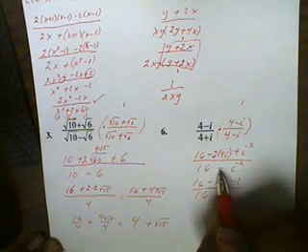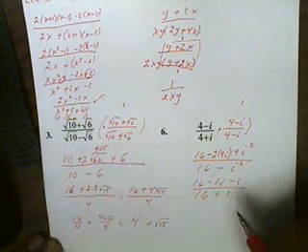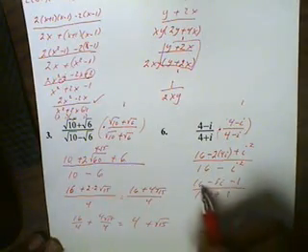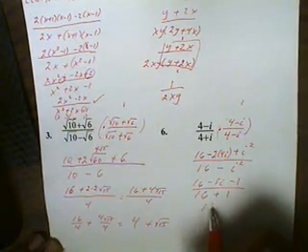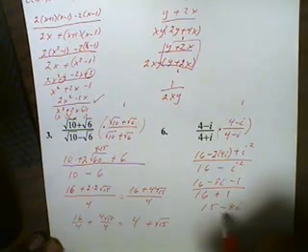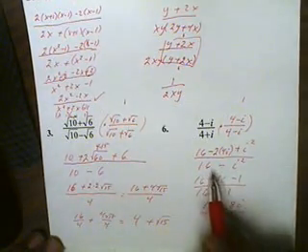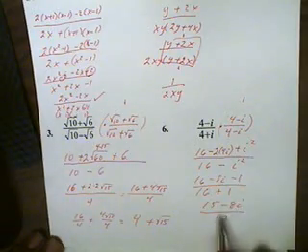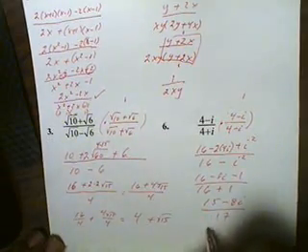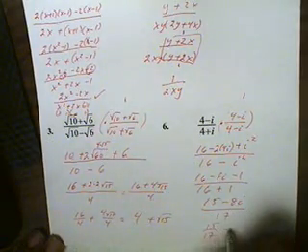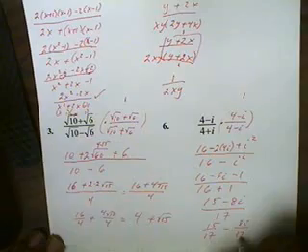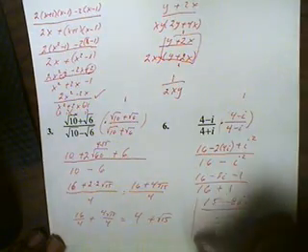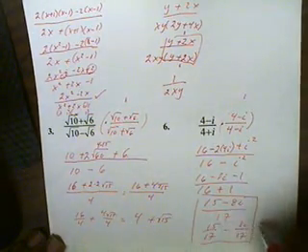Here i squared is negative 1, but times negative gives us positive 1. So altogether, we have a 16 and a negative 1, which is 15, and a negative 8i. And the 16 and 1 makes 17. And this doesn't simplify even if I were to split it up into two pieces. That's 15 over 17 minus 8i over 17. So either one of these answers is okay. It just doesn't simplify.